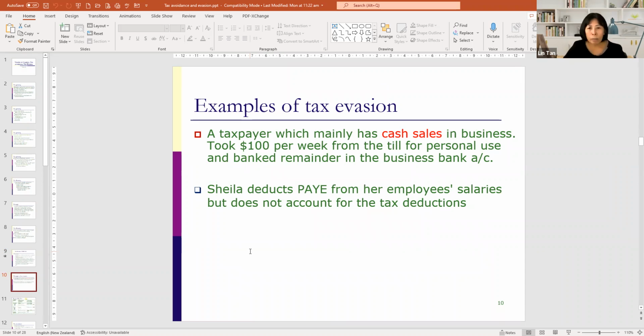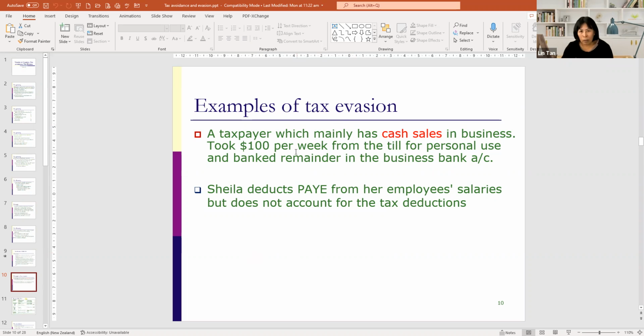Now, very common examples of tax evasion will be people who are involved in cash transactions, because it's quite difficult to detect people who receive their sales or takings in cash. And it does happen in a lot of practices where people do not fully account for the cash takings. But if the Inland Revenue in their audit spot such situations, it will also be regarded as tax evasion.